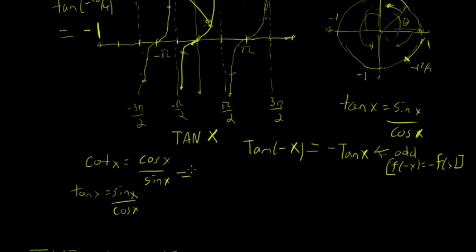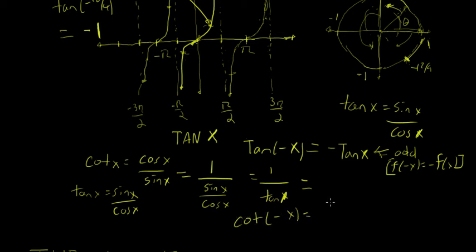So this cotangent of x, cosine of x over sine of x, is 1 over sine x over cosine x. So this is 1 over tangent of x. Bearing that in mind, what is cotangent of negative x? Well, it's going to be 1 over tangent of negative x.